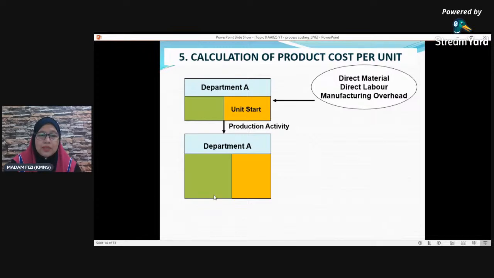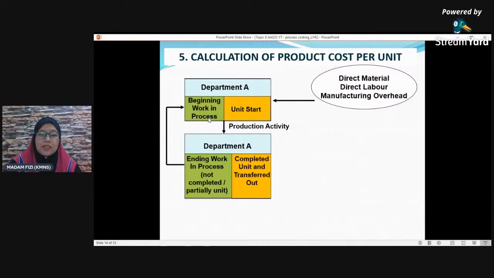Yang tidak siap itu adalah ending work in process. So what happened to the ending work in process? Kita akan hantar balik jadi beginning work in process untuk production seterusnya. Then yang dah siap, that is the completed unit, kita akan transfer out.